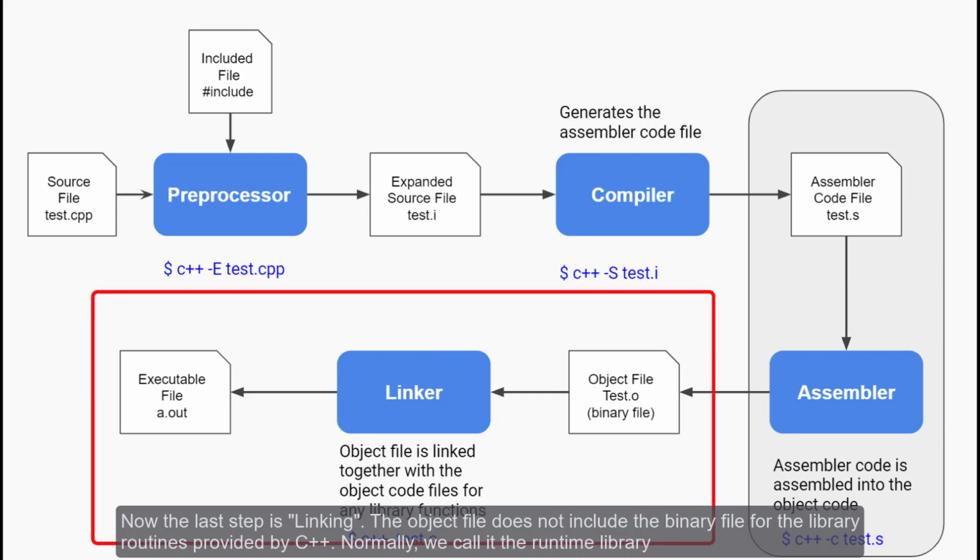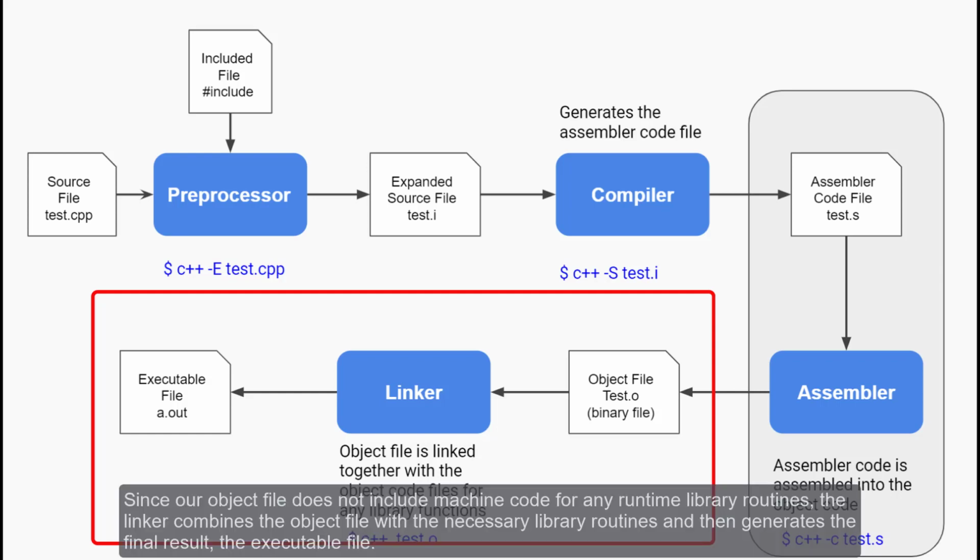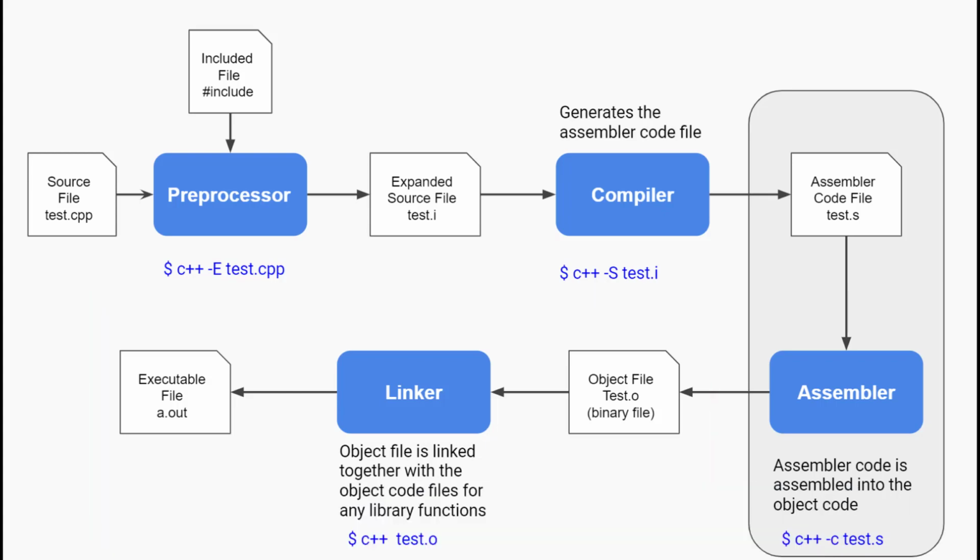Now the last step is linking. The object file doesn't include the binary code for the library routines provided by C++. Normally we call it the runtime library. Since our object file doesn't include machine code for any runtime library routines, the linker combines the object file with the necessary library routines and then generates the final result, the executable file.